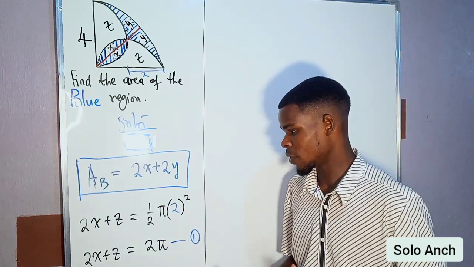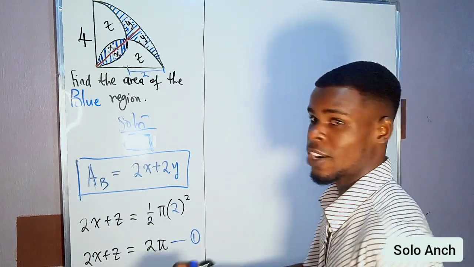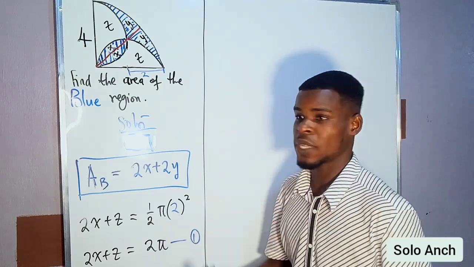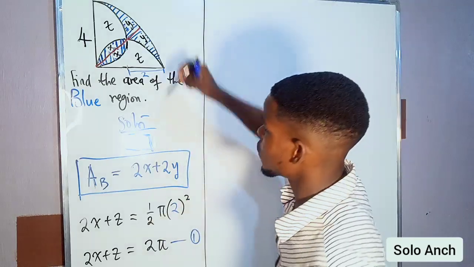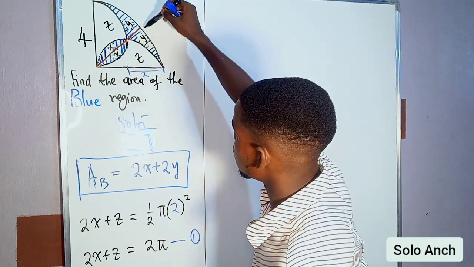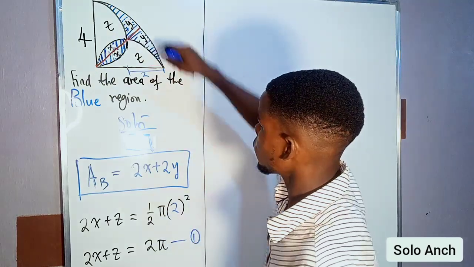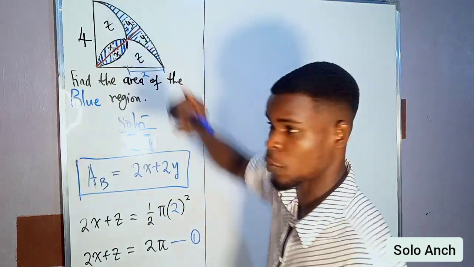Good. Okay, great. So let's think about something as well. There are very many things you can determine. All right. So notice that since I've partitioned this quarter circle into 2, each of them will be 1/8 of the original circle.